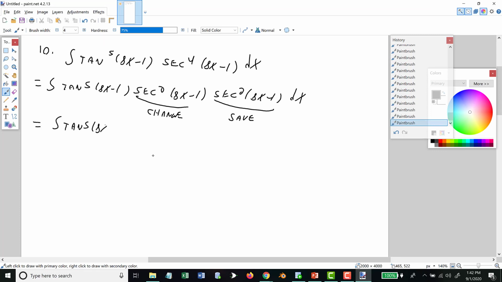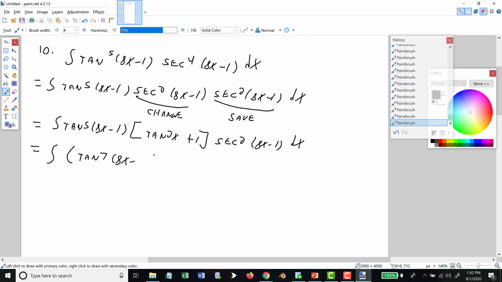Tangent to the fifth, 8x minus 1, and rewrite this as our tangent squared plus 1, secant squared, 8x minus 1. Now I'm going to multiply that tangent to the fifth through. Tangent to the fifth times tangent squared gives me tangent to the seventh, 8x minus 1. And tangent to the fifth times 1 gives me a plus tangent to the fifth of 8x minus 1.